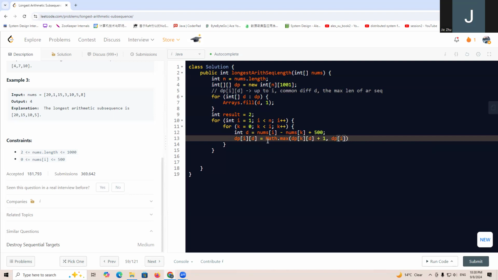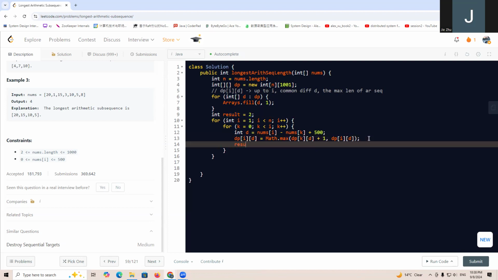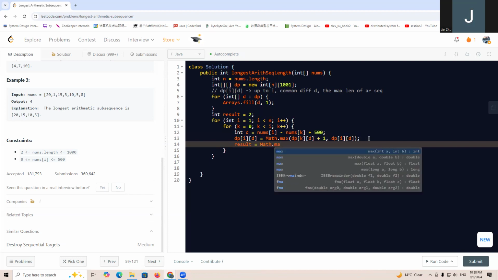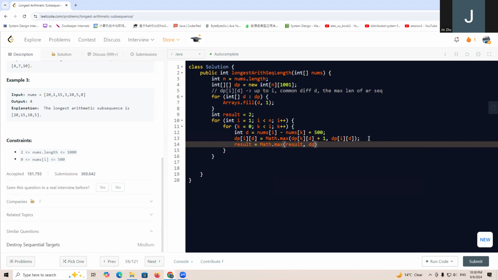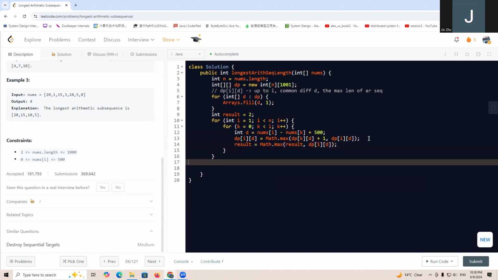And for the result, for every dp[i][d] we compare with the result, so result equals Math.max of result and dp[i][d]. In the end, we just return result.